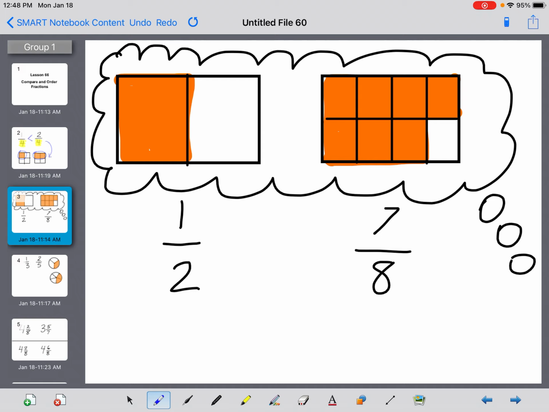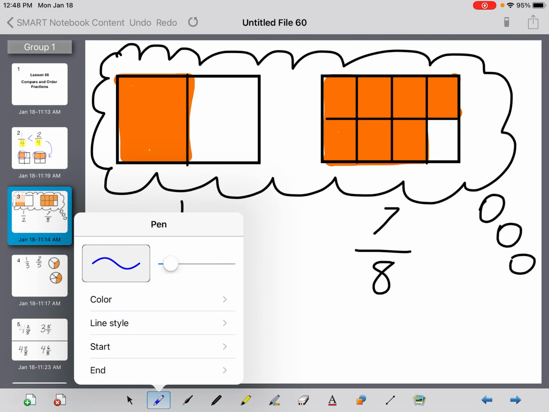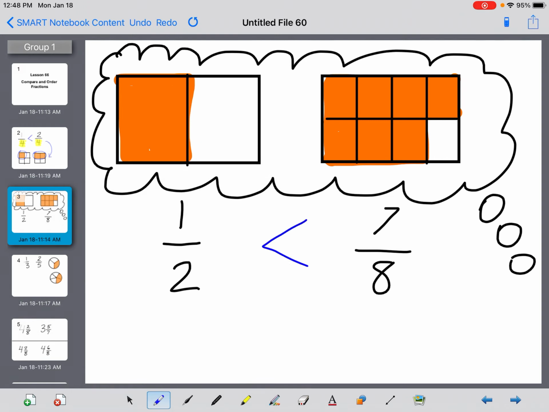So we have 1/2 of a chocolate bar or 7/8 of a chocolate bar. Very simply in your head, you can imagine those amounts and very easily decide that 7/8 is more chocolate. So even though these don't have the same denominator, sometimes it's really easy to just look at your two fractions and know right away, with just a little bit of imagining of a model, which one is bigger.